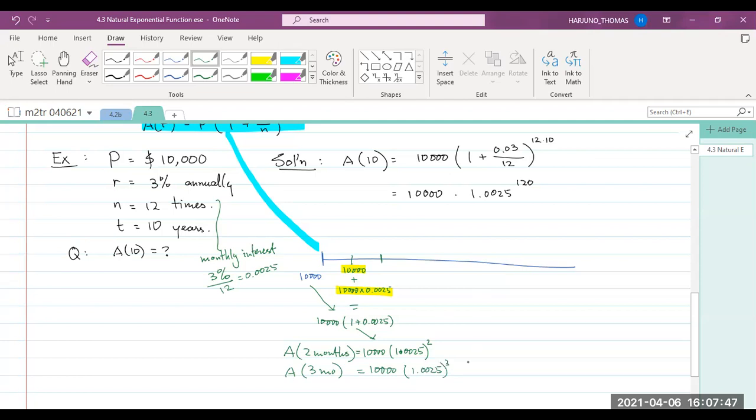Now, then you deduct further and further, then how much money you have after 120 months, which is 10 years. Okay, that will give you this amount of money.